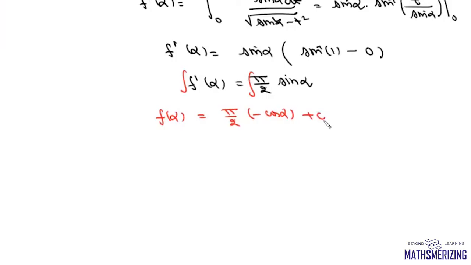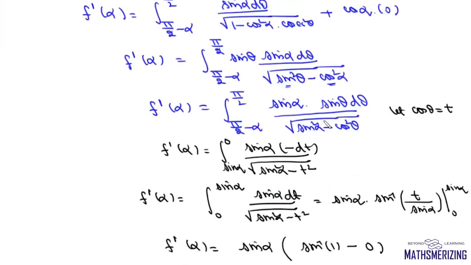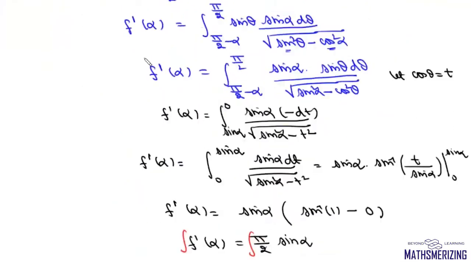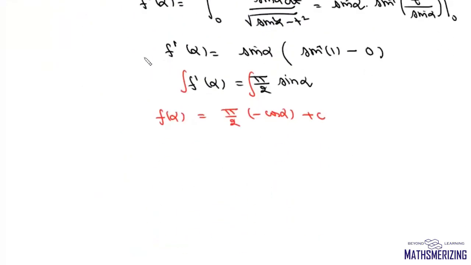Now we'll also need to find the initial condition, and the initial condition is when alpha is 0, we have both the limits same. In that case, the value of f alpha will also be 0. So we put the value of alpha as 0, then f alpha is 0, and it'll be minus pi by 2, and cos 0 is 1, plus c.